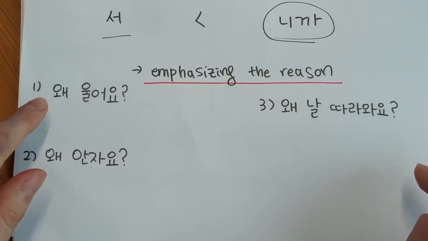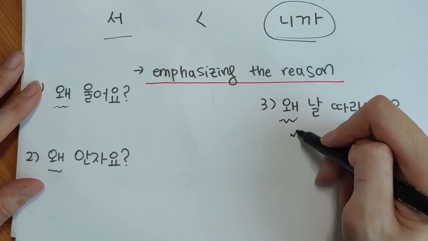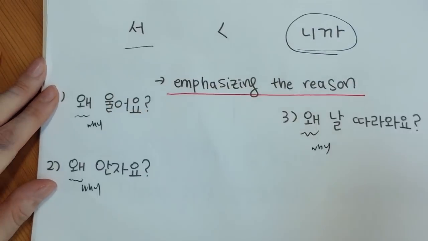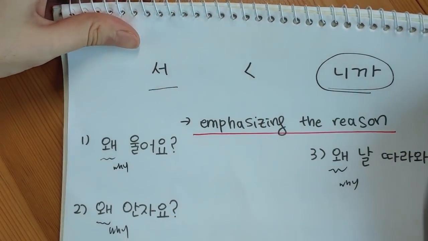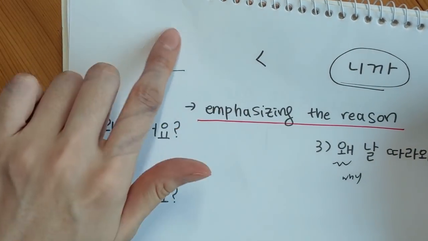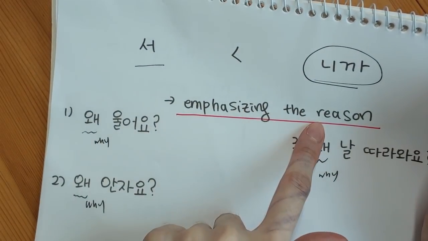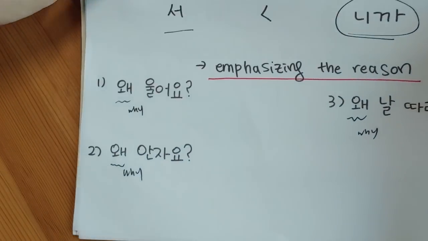But for now, these all have the 왜 question word in them, right? It's asking why. So it's asking for a general reason, right? So normally it's better to safely go with 서. But when you're trying to emphasize the reason, you can also go with 니까. It's also okay to go with 니까.